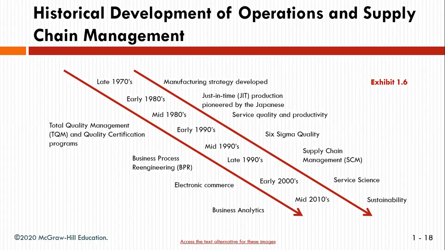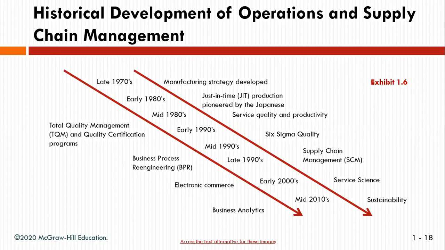So we will be talking about probably just in time, the Japanese way, which started this, total quality management, and we will talk about service quality and production, what Six Sigma quality is, and business process. And you see each one has developed in certain years.